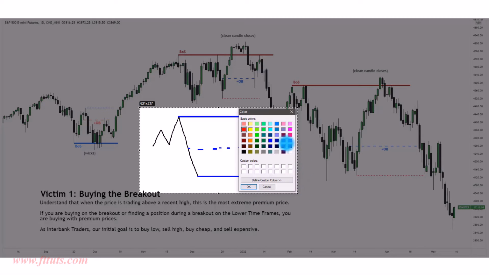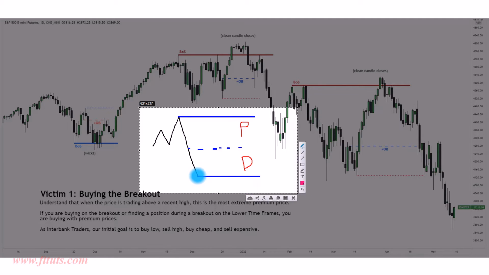But once price starts breaching above into premium and it doesn't stop, it goes for the high here. That's what we consider very extreme prices, because that's where retail traders start buying, at a premium price because they're chasing it now.